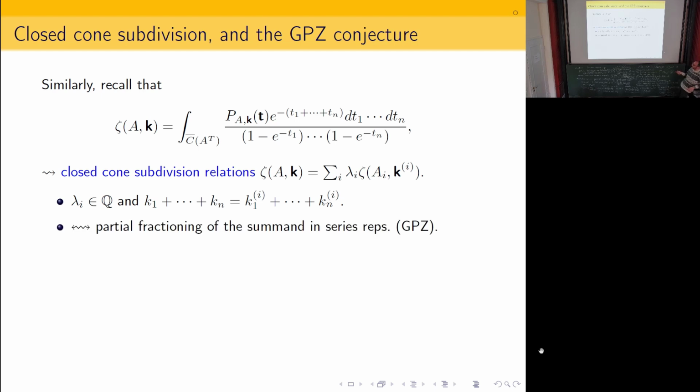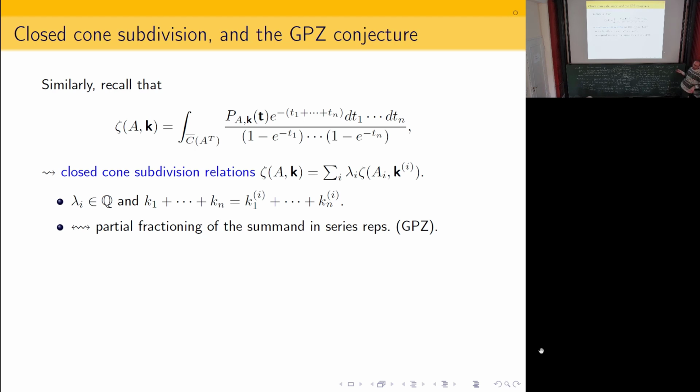As I said, you can think of this as partial fraction decomposition of the summand in the series representation. This was already noticed by Guo, Paycha, and Zhang. So I don't think they wrote down this integral representation, but they certainly had this in mind when they studied the partial fraction in the summand, because they called it a closed cone subdivision. And this is completely the same as what happens with multiple zeta values.